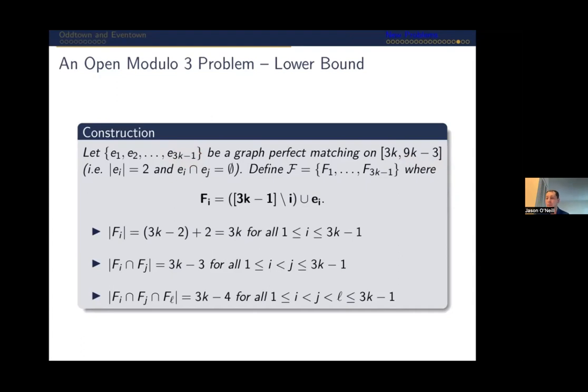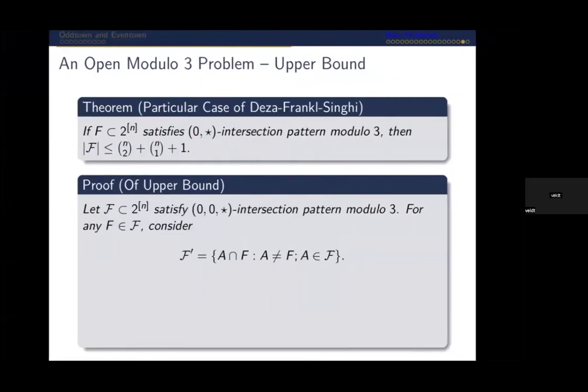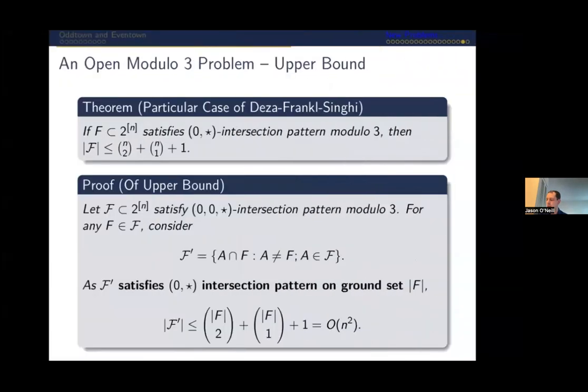The best upper bound we can do is essentially just translating the problem back into the Deza-Frankl-Singhi theorem. You take all pairwise intersections with a given set, and now that's going to satisfy the 0 star intersection pattern.